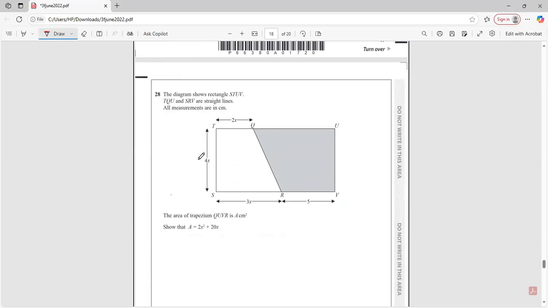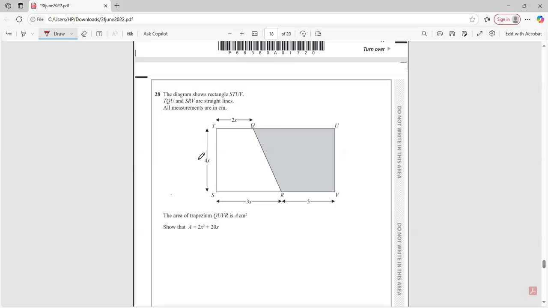So this looks like, okay, say proof. Show that A equals 2x squared plus 20x. Okay, so let's just look at the question on the whole. It says the diagram shows a rectangle STUV and TQU and SRV are straight lines. Okay, we can see that. It now says all measurements are in centimeters. And what does it say next?